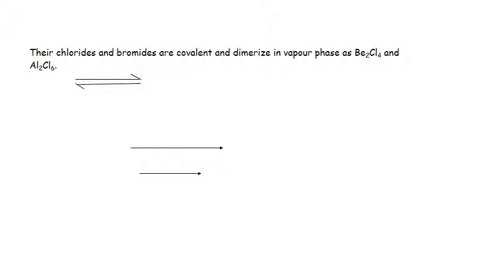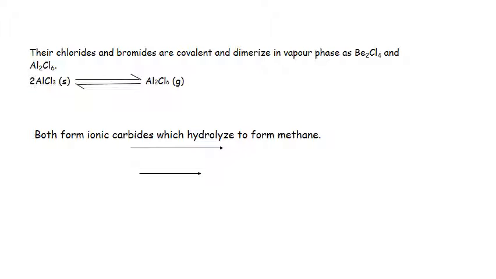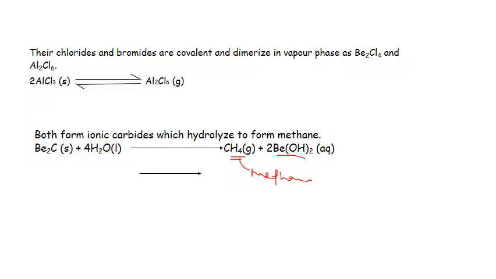Right. Their chlorides and bromides are covalent and they dimerize in vapor phase. So we are having all those. I don't need to waste time on that. They both form ionic carbides, which hydrolyze to form methane. You can see this one is forming for us methane, and the hydroxide ion is also formed.